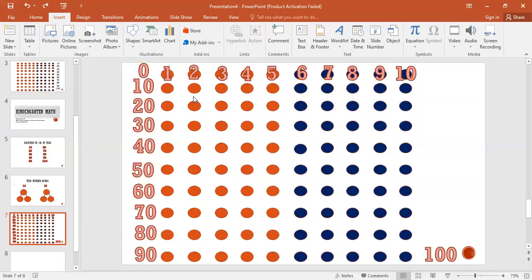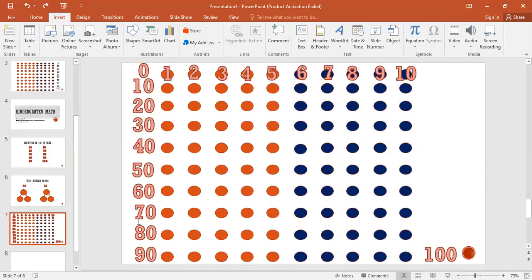And they're up here if you need to see the ones number. 23, 24, 25, 26, 27, 28, 29, 30. So to say your ones, you simply say the tens number and then the ones.